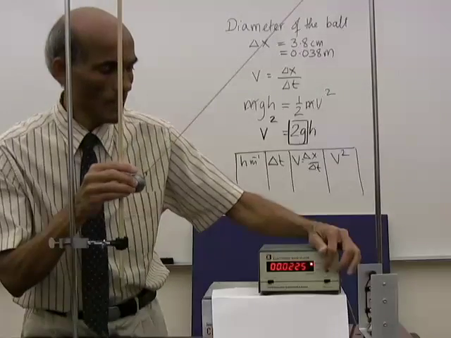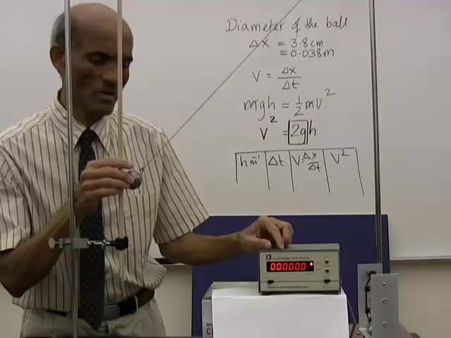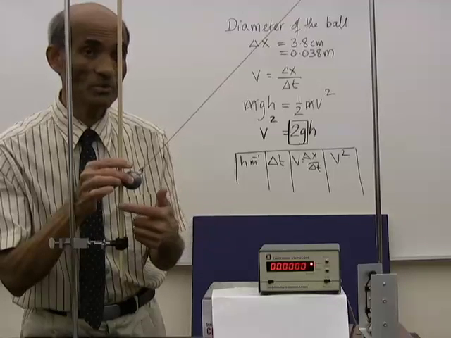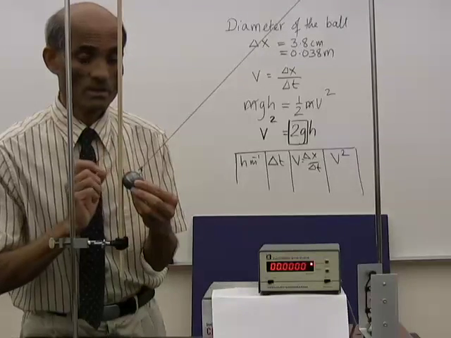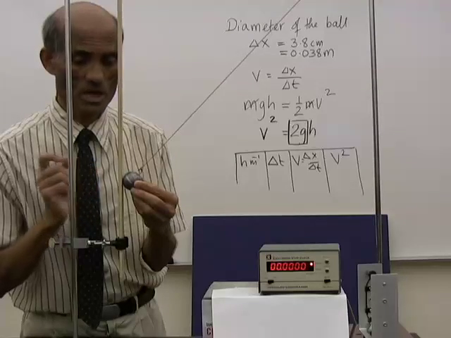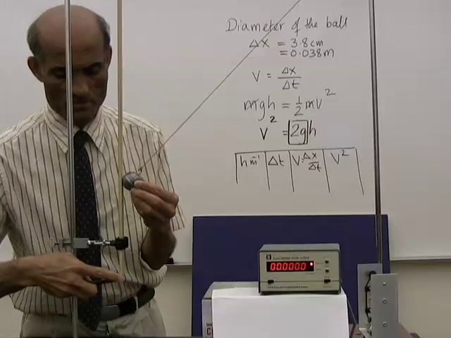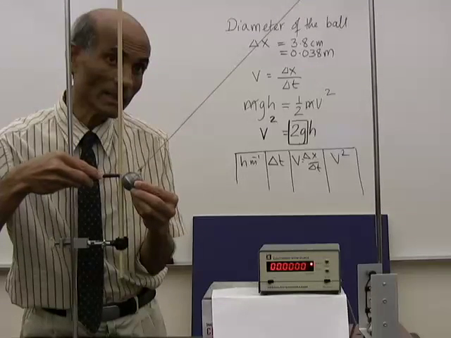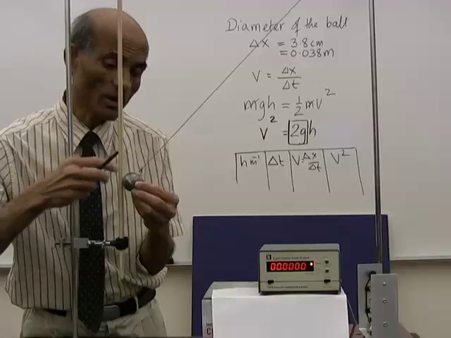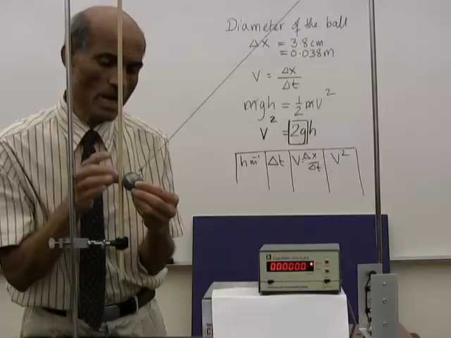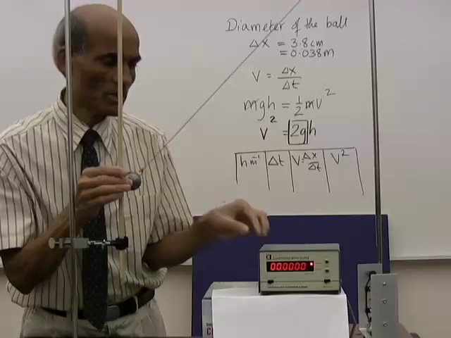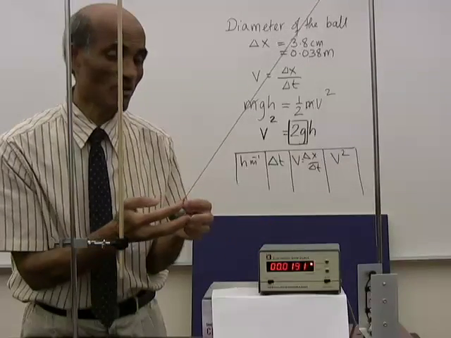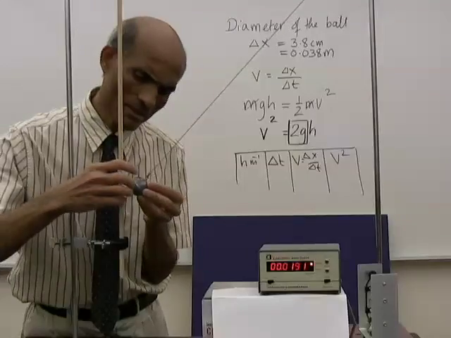Are you ready? All right, our first trial for our third H value. I hope you have finished measuring. Okay, I'm going to give you some more time. You measure it from this point to here. All right, that's the center of the ball. Okay, and I'm going to leave it. There it goes. The time is 0.019.